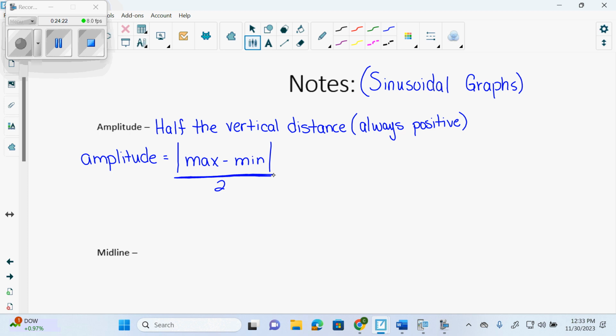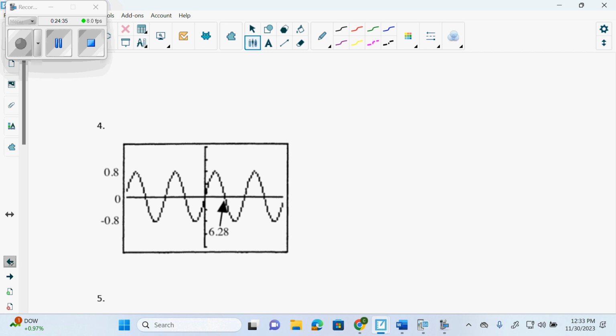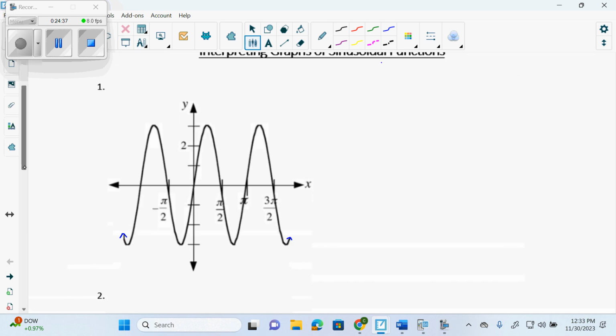So now we're going back to the very front page again. If I want the amplitude of this graph, I can use the formula, the absolute value of the max.